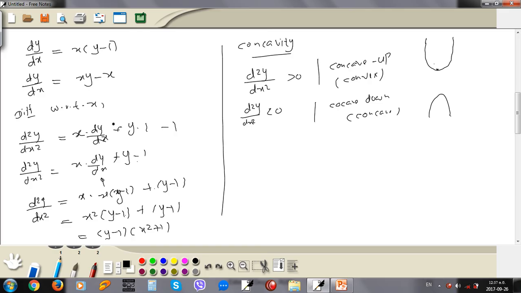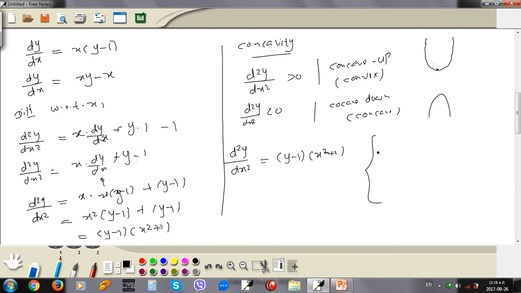So this is our equation, d squared y over dx squared equals y minus 1 times x squared plus 1. The x squared plus 1 part is always positive for any x value, because the square of a negative number is positive. So the value of y decides whether this is greater than or less than 0.